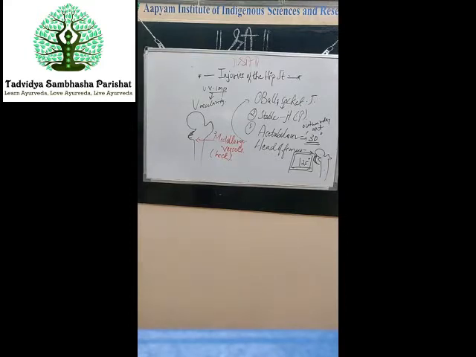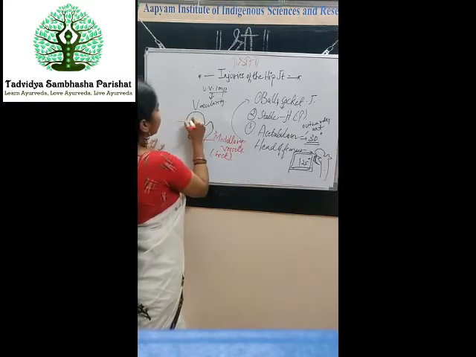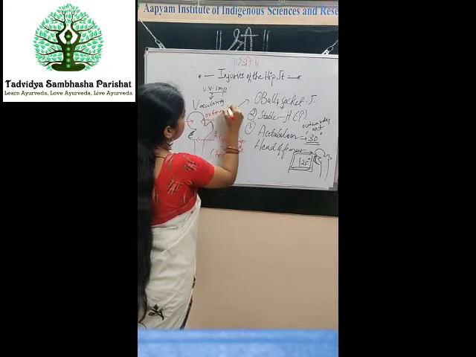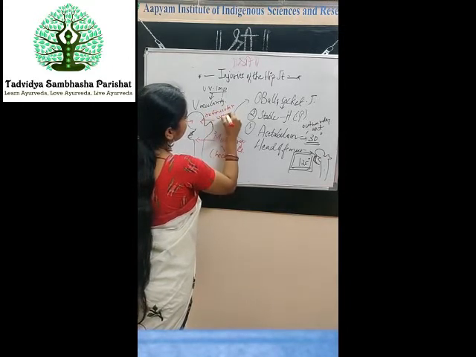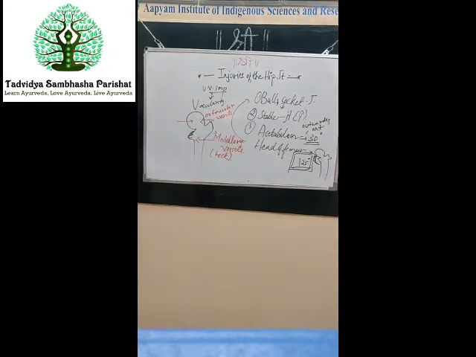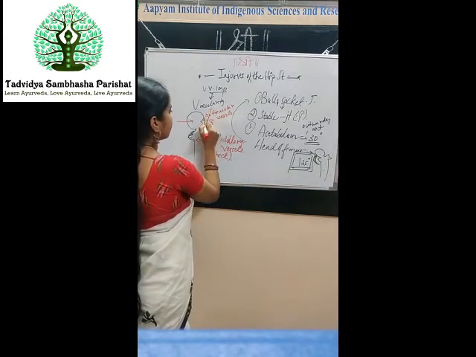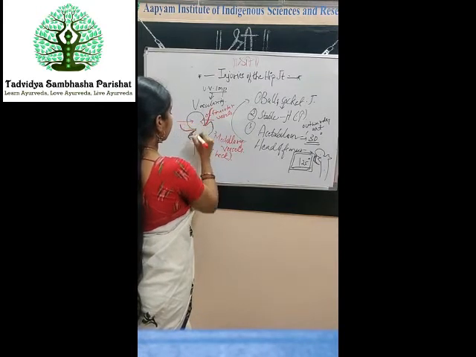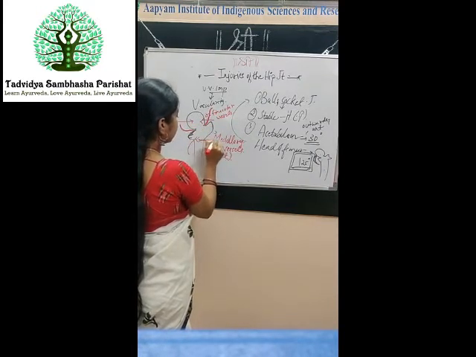Then we have the retinacular vessels arising from the lateral side of the head. This is the supply.